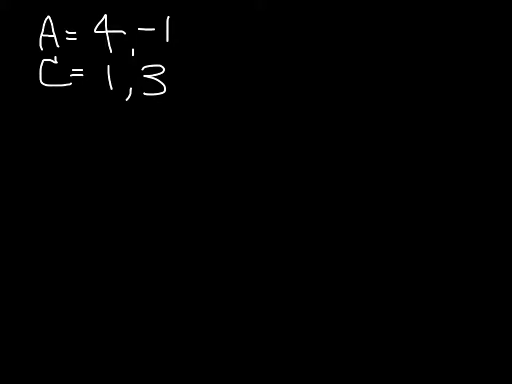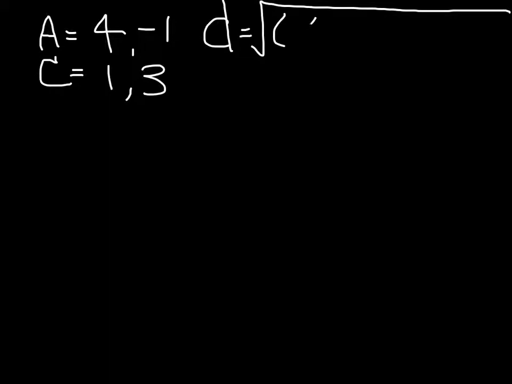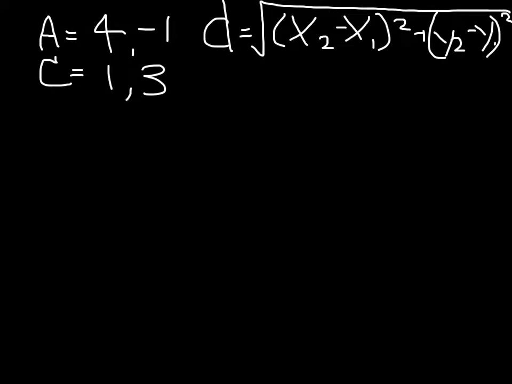And start with the distance formula up top so you can reference it: D equals the square root of x2 minus x1 squared plus y2 minus y1 squared. So now let's set up the problem with the numbers plugged in.